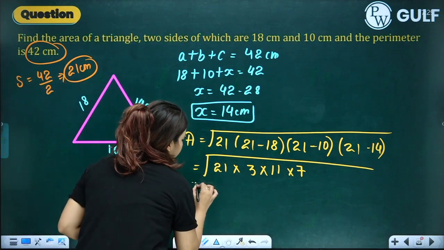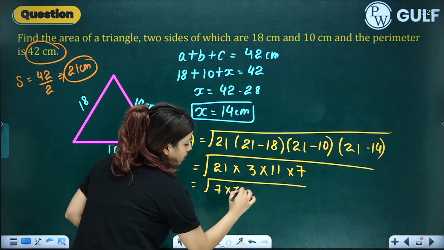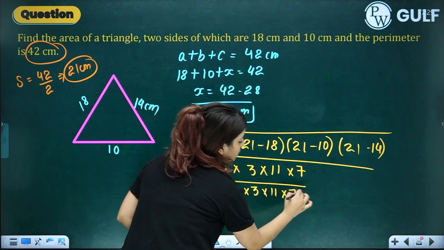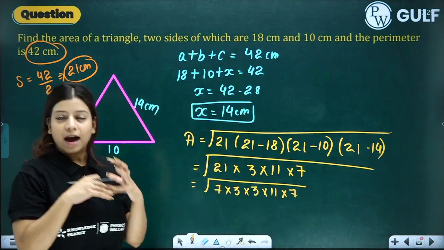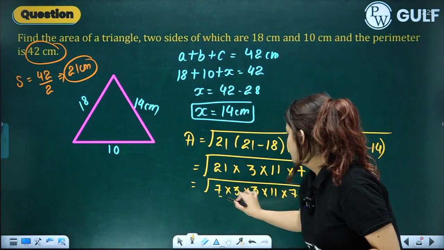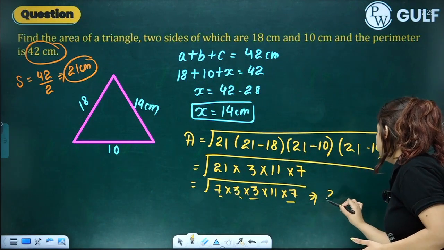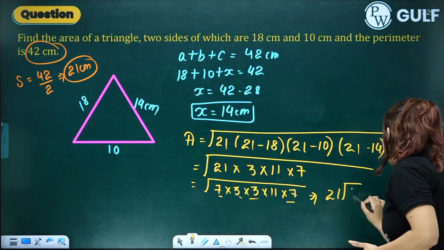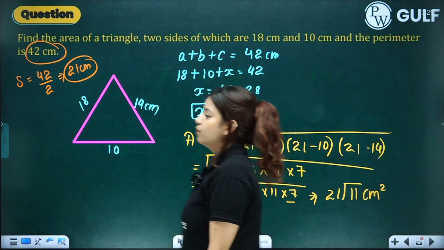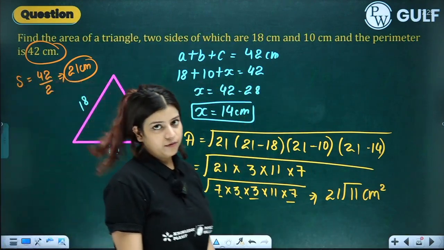So 21 can be written as 7 into 3, students. Right, 3 is already present, 11 is there and 7 is there. So after the factorization, we can clearly see we can make pairs: 7 and 7, 3 and 3. So 21 will come out, 11 will remain under the root, and 21 under root 11 centimeter square will be the area of this given triangle.